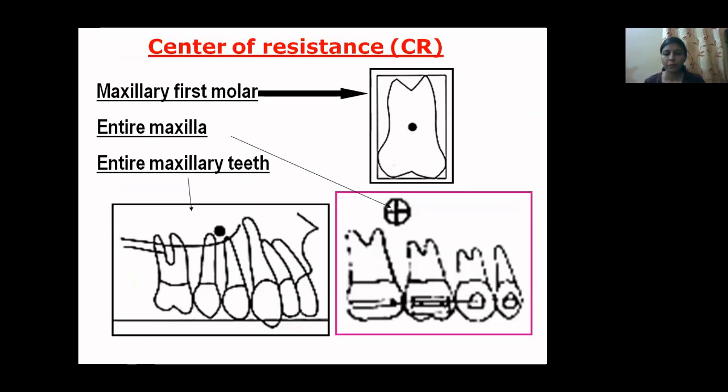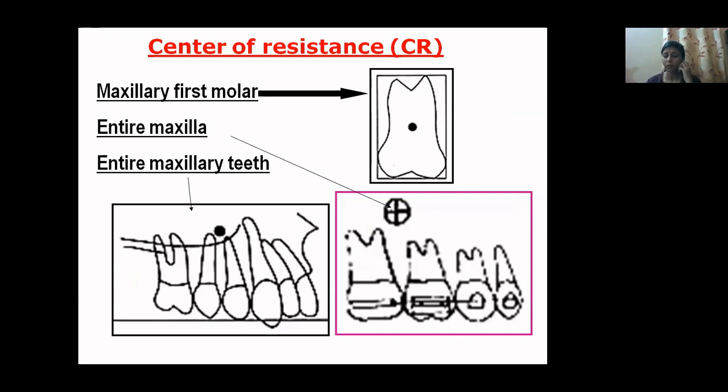Before going to headgear, we must know that through headgear we are applying force to the maxilla, taking anchorage from the occipital region, so that we can control or restrict the growth of the maxilla in a forward direction.